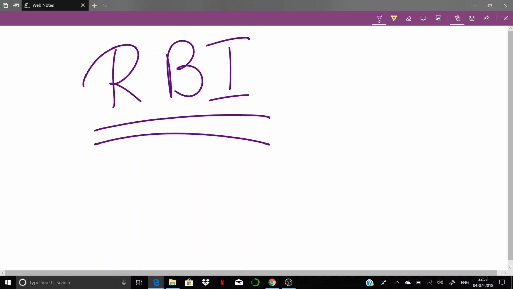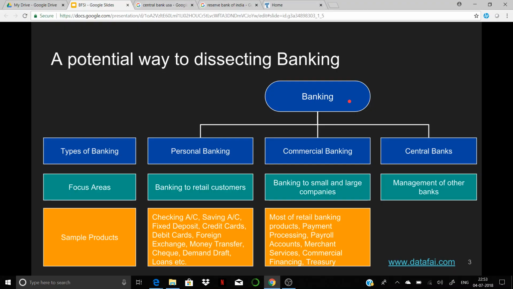But the RBI officials will be controlling all the other banks like HDFC or ICICI or State Bank of India to really set the standards and ensure compliance from different departments, right? So that's briefly about the overall differentiation into the different branches of banking.